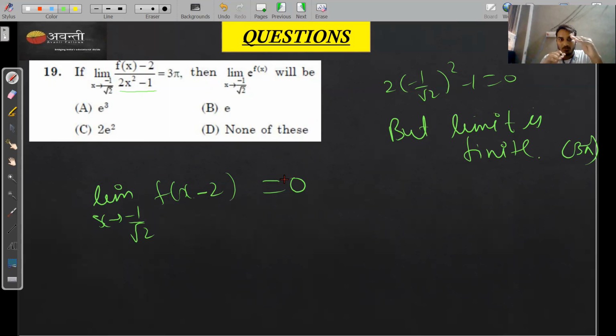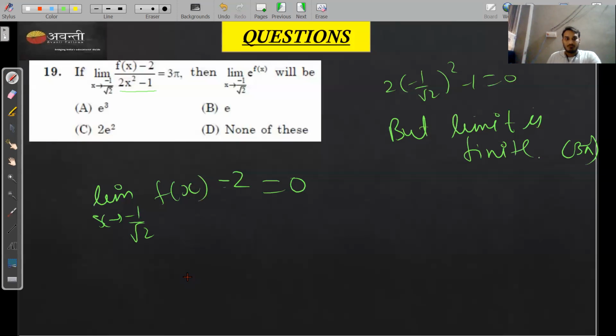Then only it can become 0 by 0 form, and then only we get our limit finite. Yes or no, students? So it is f of x minus 2.